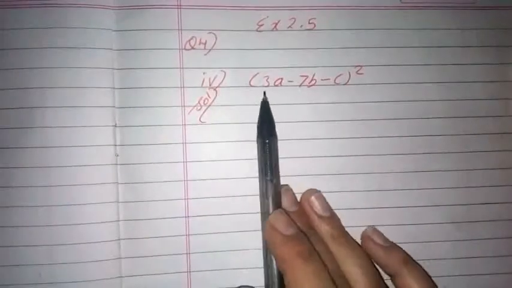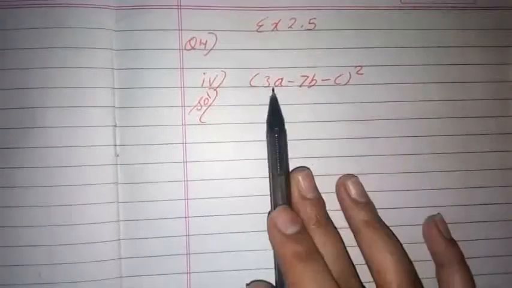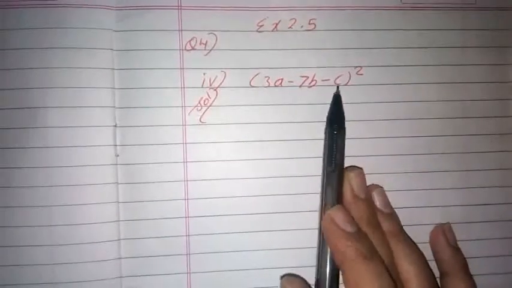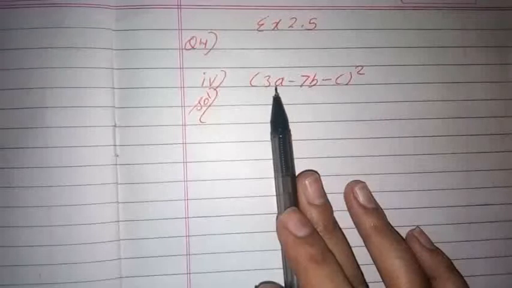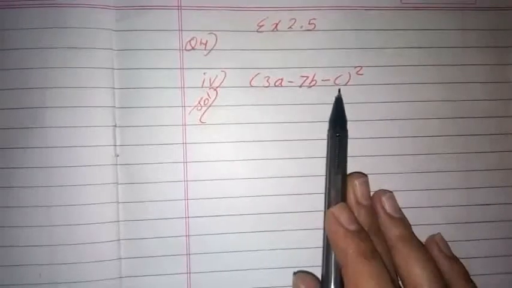The 4th part is the whole square of 3a minus 7b minus c. In the bracket there are three terms: 3a, minus 7b and minus c.